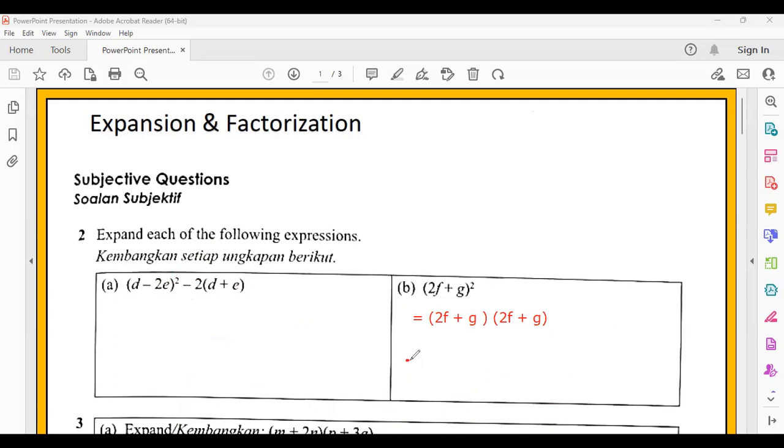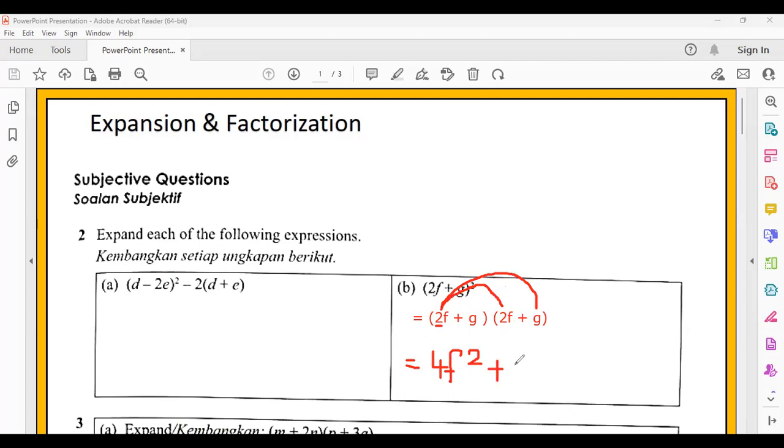Now how do you expand? You remember we did this? First term times the first term. 2 times 2 will become 4. f times f will become f squared. So 4f squared. And then first term times the last term. 2f times g.